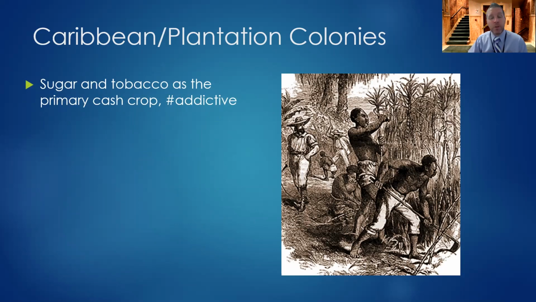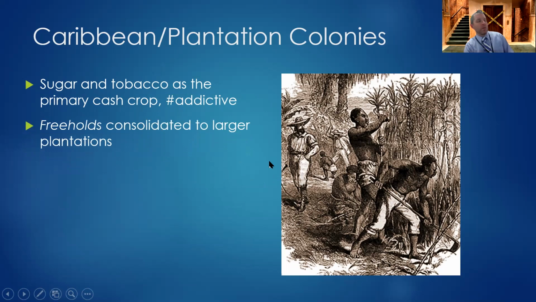Large plots of land, perfect climate for it, easy to get labor and slaves there, and so this becomes the mold that you saw in some of the islands off the coast of Africa. These will be great environments for sugar and tobacco growth and profiteering. So it's set up in much the same pattern as some of the encomiendas and things like that, where we're not trying to flood these islands with lots of white settlement. Instead, it's there to produce cash crops.